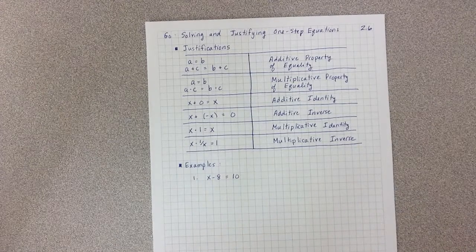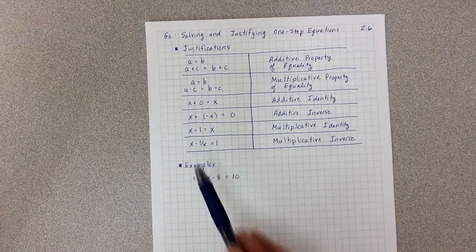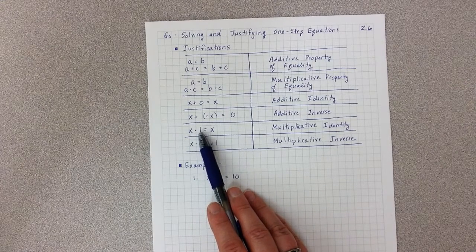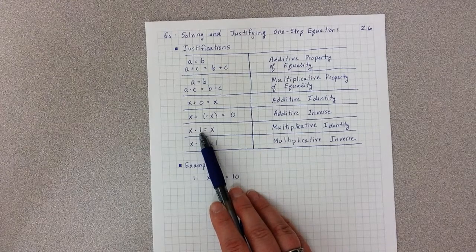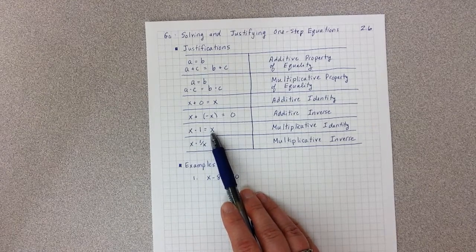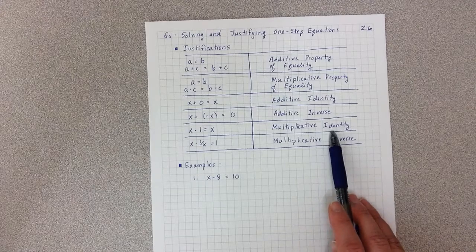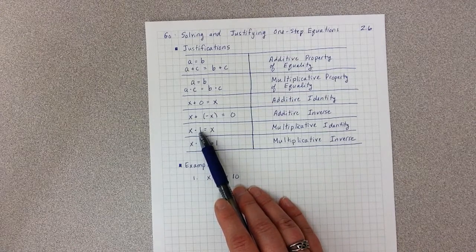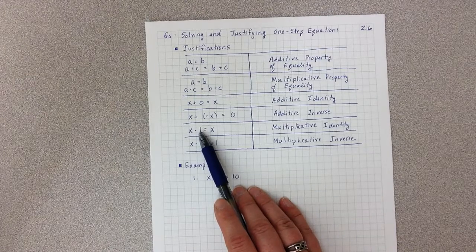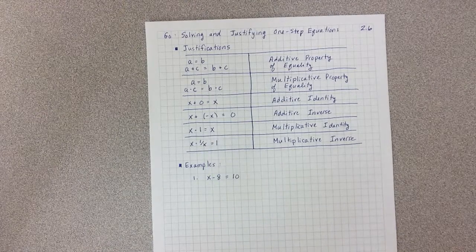The next two have to do with multiplication. Again, multiplying any number by 1, so 1 plays a really important role, keeps the number the same. And so, multiplicative identity. Again, it doesn't matter whether I'm wearing my ball gown or my work outfit, I am still me.